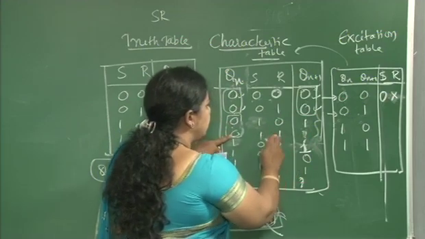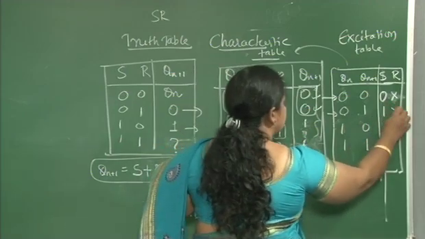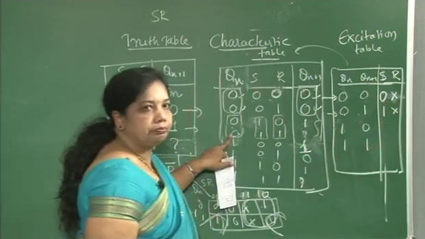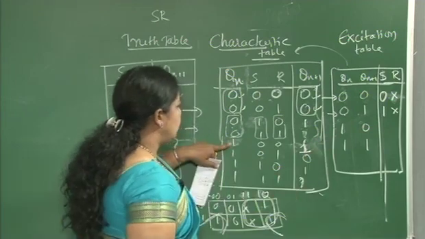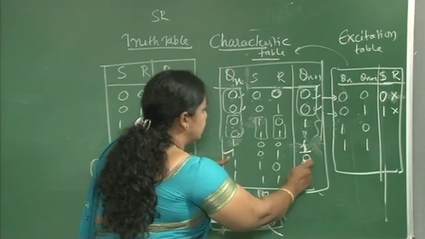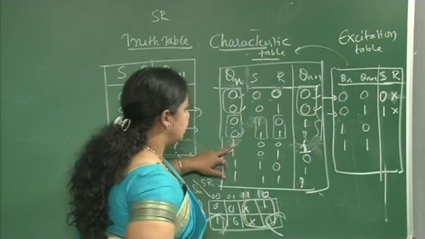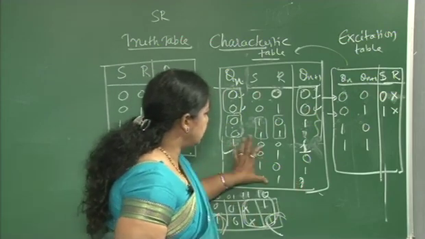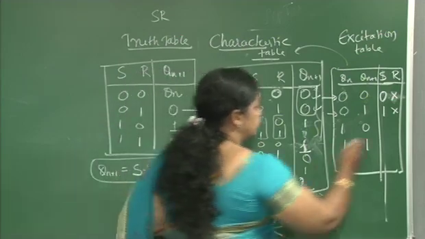So what are my inputs? Here it is 1 and this is changing. Now 1 and 0 combination. I am going to see once again here 1 and 0, this indeterminate condition. So S is changing, R is 1.